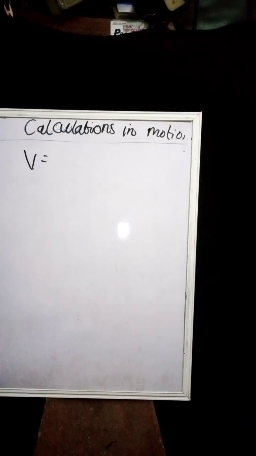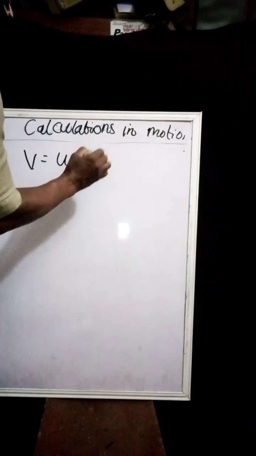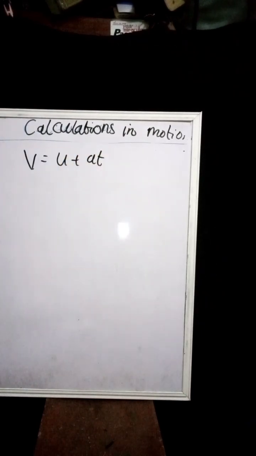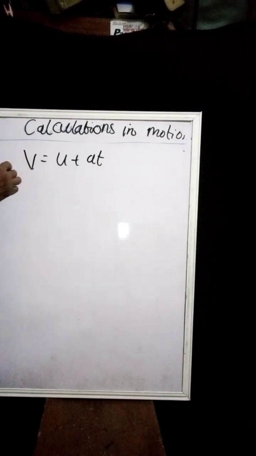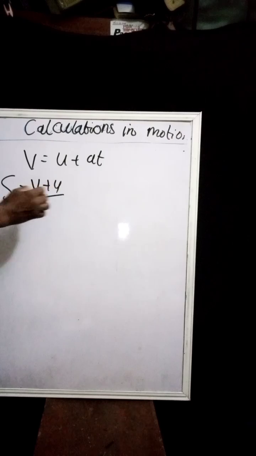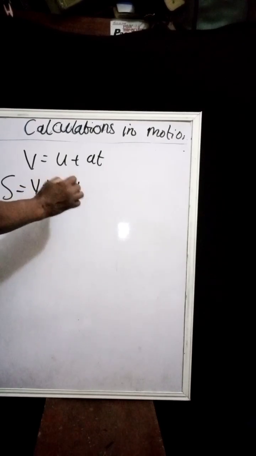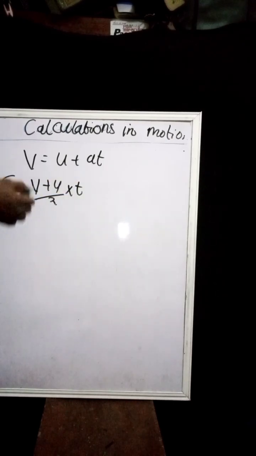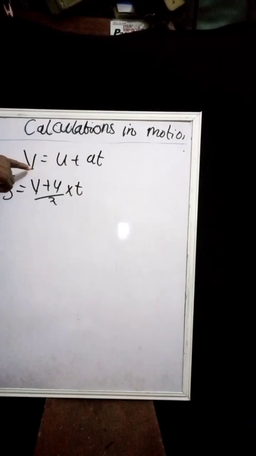Remember that from equation 3, we have that v is equal to u plus at. Now, let's substitute the value of this v in equation 1. Remember that in equation 1, we have that distance is average velocity multiplied by time. So there, that is, s is equal to v plus u over 2 multiplied by t. So here now we are going to substitute for the value of v.